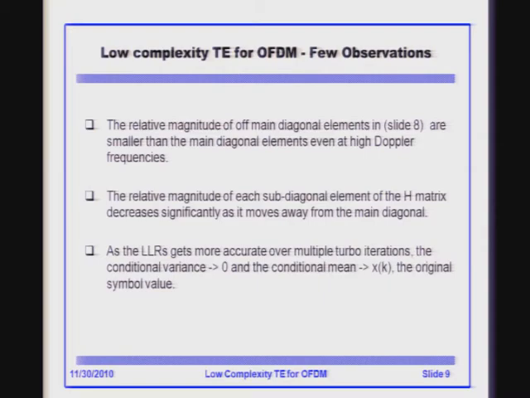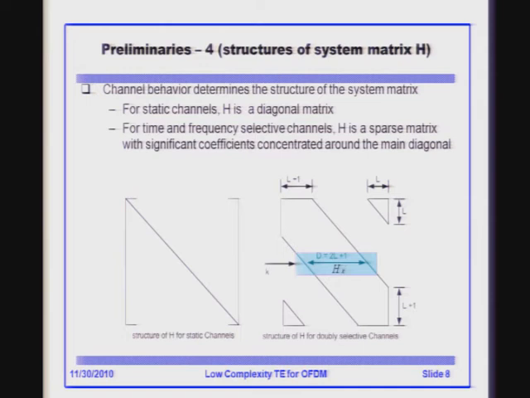As you go away from the main diagonal, the magnitude comes down drastically. And as we discussed earlier, these elements will be very close to zero, so you can conveniently ignore them.